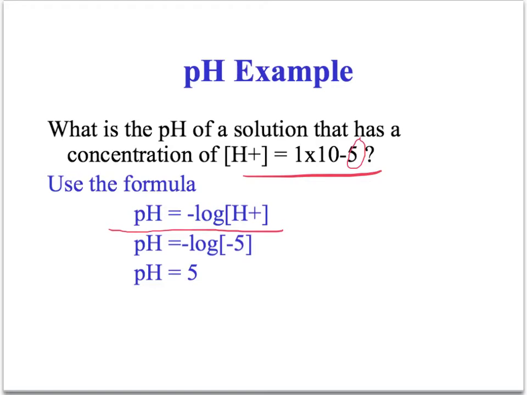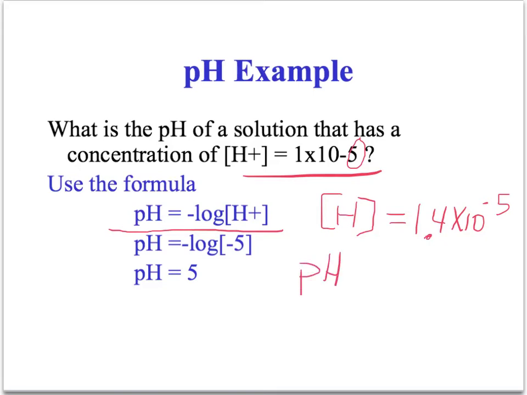So let's work a problem where the hydrogen ion concentration is not 1 times 10 to a whole number. So let's say 1.4 times 10 to the negative 5. Now we can plug the same hydrogen ion concentration into the same formula.